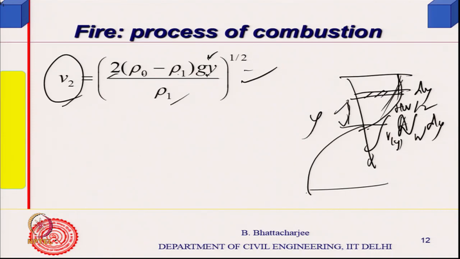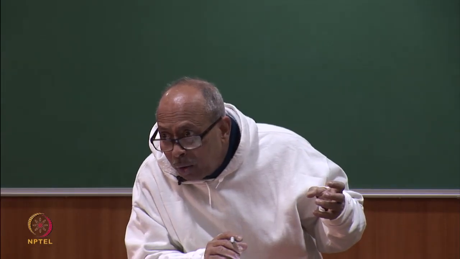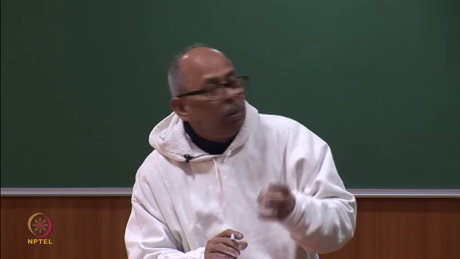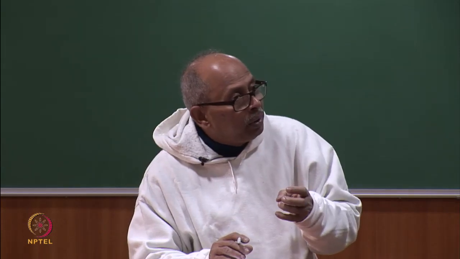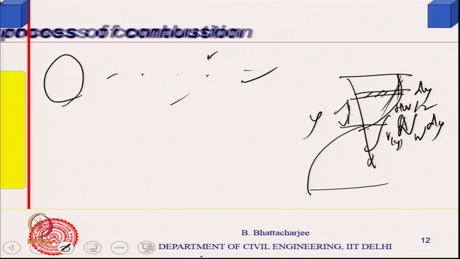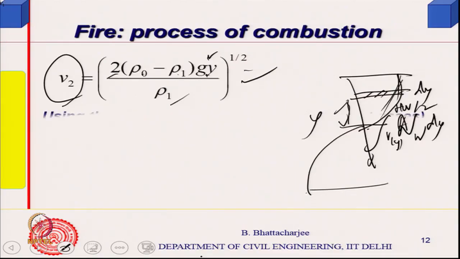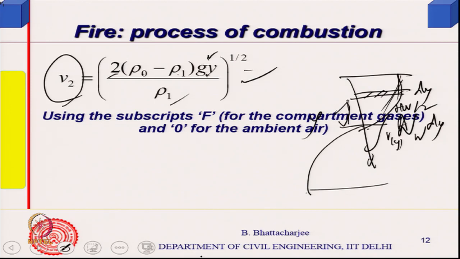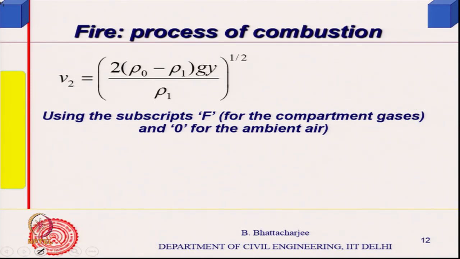So, I can find out the quantity of flow of hot gases outside, and also the quantity, the volume, of fresh air inside. Okay. So, supposing we use a nomenclature, subscript F for compartment gas and 0 for ambient.